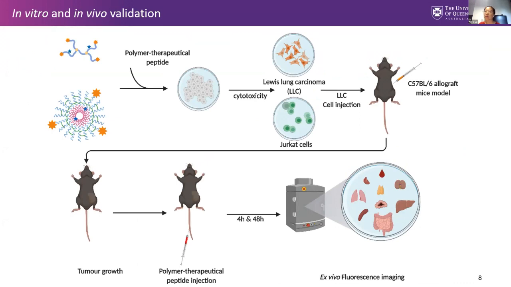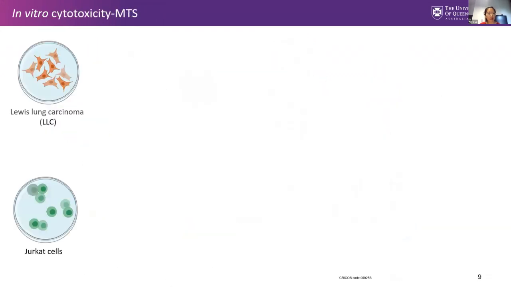But before the material was injected into mice, we did a cytotoxicity study to prove the safety of our material. So other than tumor cells, we also used Jurkat cells to represent the immune cells in the tumor microenvironment.